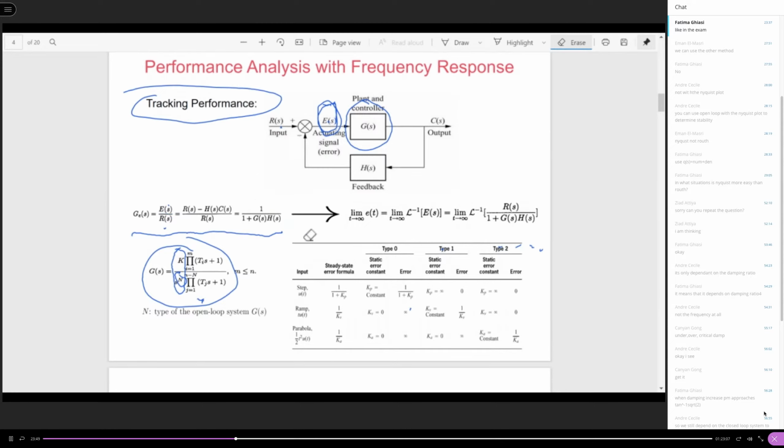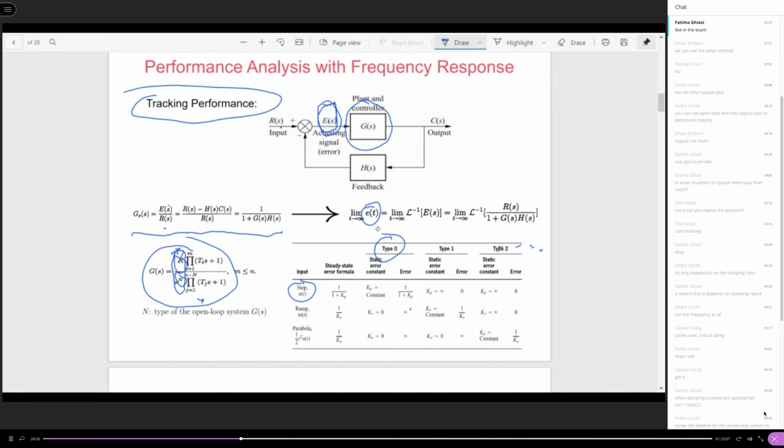Every entry in this table only involves the K. As long as you know what kind of system you have and what signals you are going to test, the steady state value of the error signal can be read out from these entries. Let me repeat that.